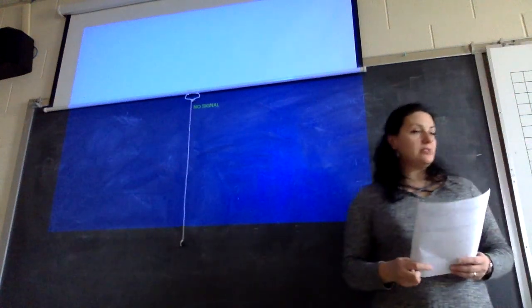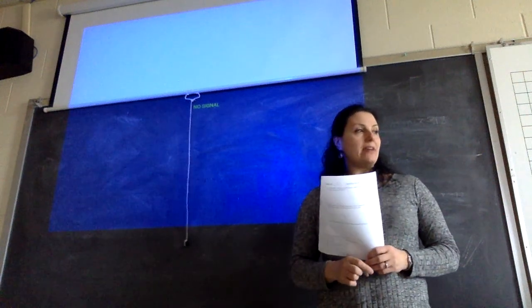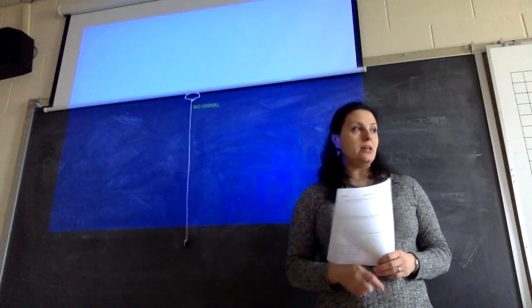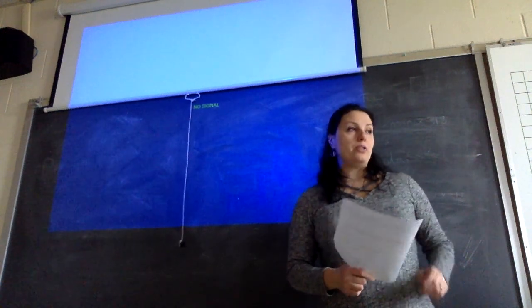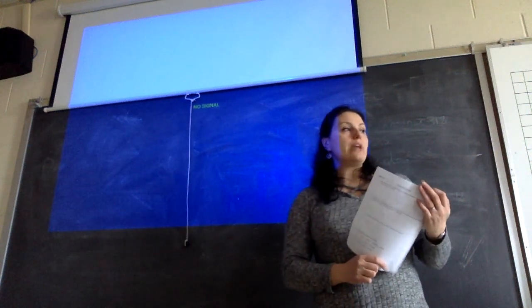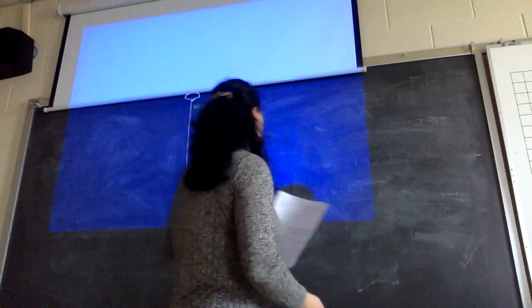How many grams of calcium carbonate is formed if 3.45 liters of carbon dioxide measured at 45 degrees Celsius and 1.37 atmosphere react with excess calcium oxide? So here's my reaction.